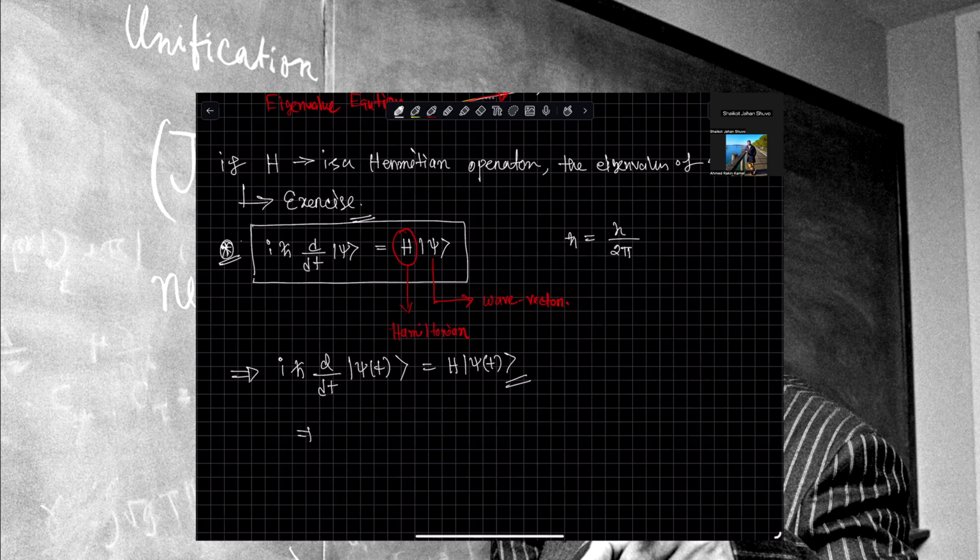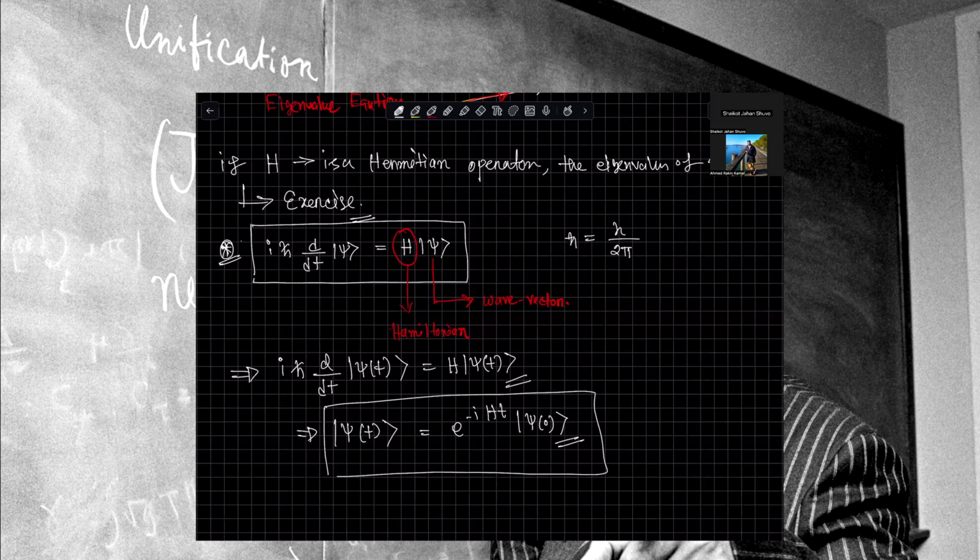And the formal solution can be written like this. You see, this Hamiltonian really governs the time evolution. I shouldn't draw pictures because I said this is abstract, but just think of it like this.